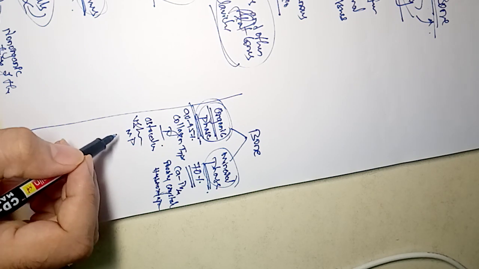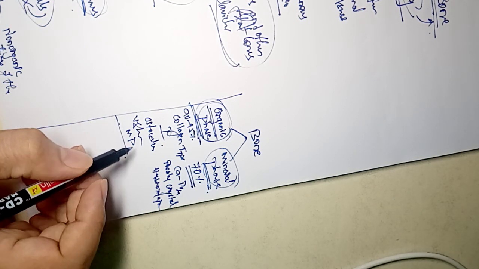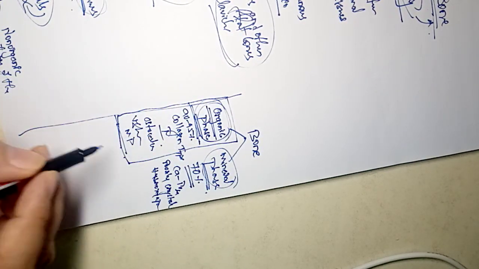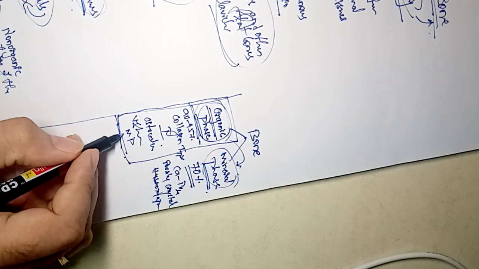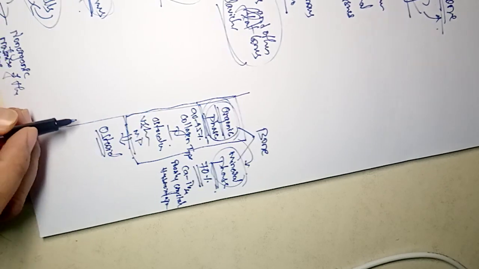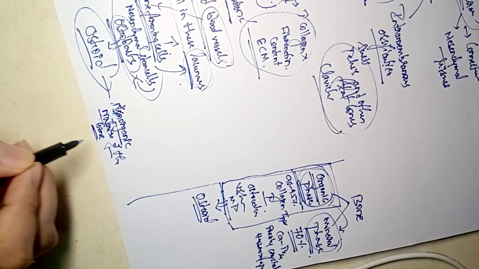and other proteins. Okay, so this part which is formed, upon which the mineralization happens, is called osteoid. Okay, sorry, this is not non-organic, this is the organic matrix of the bone.